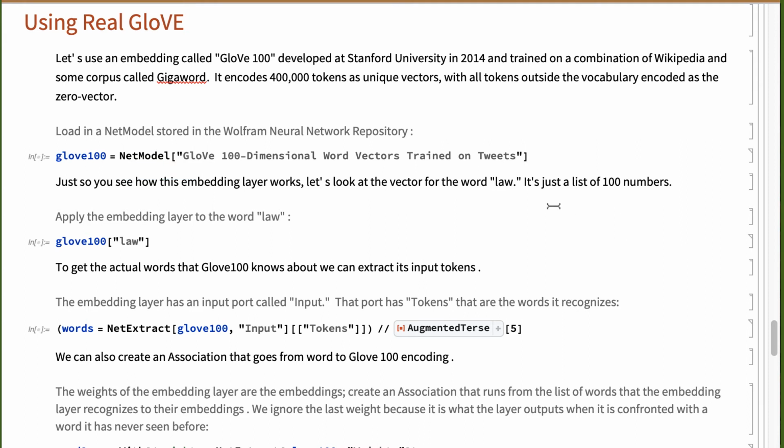And the function to get it is called netModel. And this is 100-dimensional word vectors trained on tweets. And guess what? I have the wrong netModel for what I want. Let's plug in the right netModel.